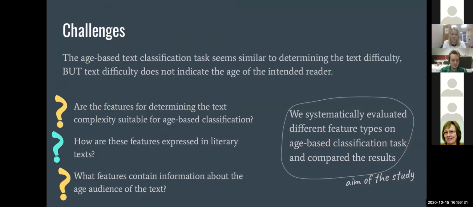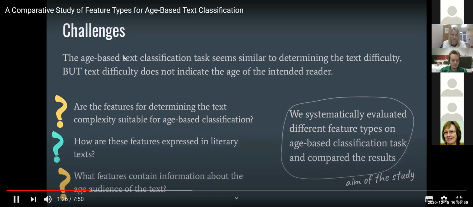So we decided to evaluate different types of features for age-based text classification, and then compare the results. At first glance, we noticed that this task is similar to the task of text difficulty assessment. But in fact, text difficulty doesn't indicate the age of the reader, and the question of age appropriateness needs to be investigated.